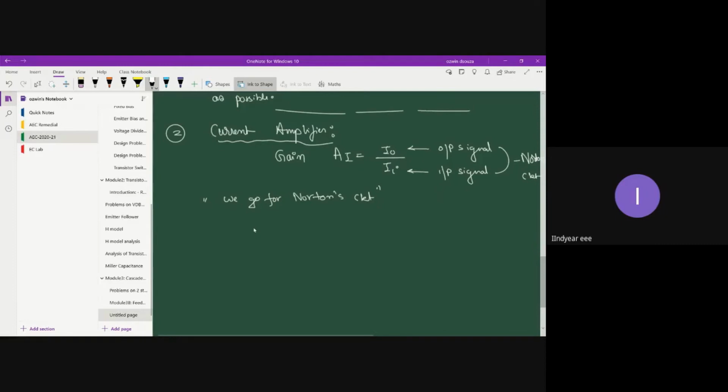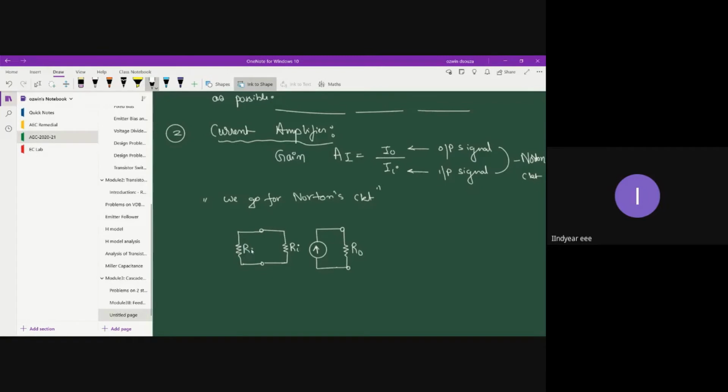Now on the input side, what do you have? You have the input resistance Ri, and on the output side, you will have a current source. This is R naught. And then this Ri is connected to the input current source, right? So how do you represent the input current source?